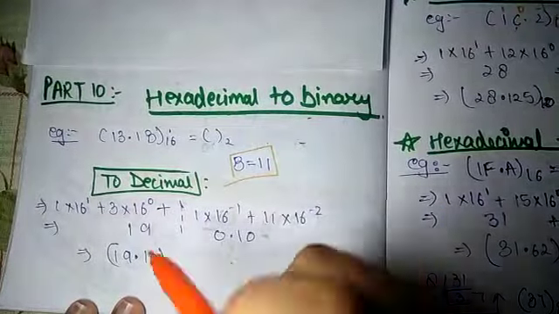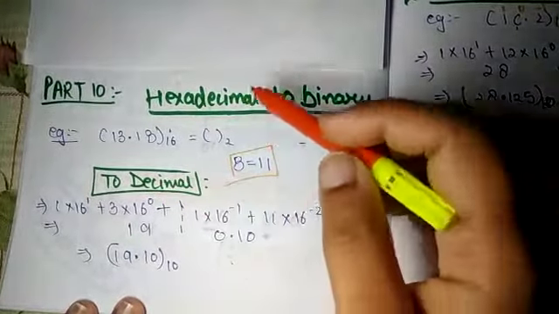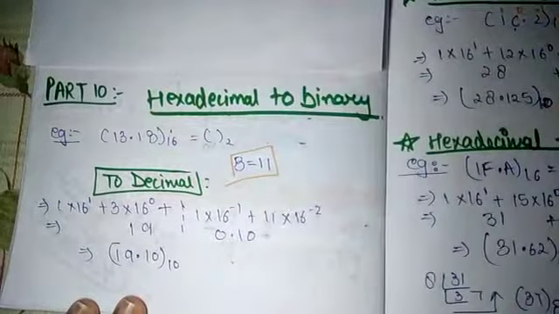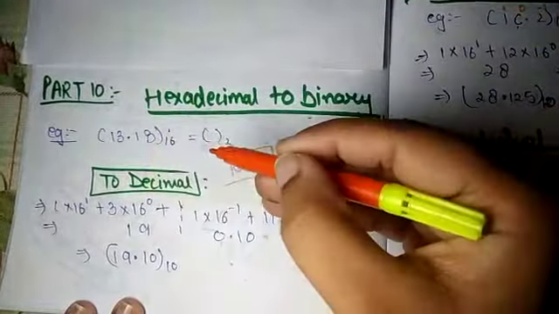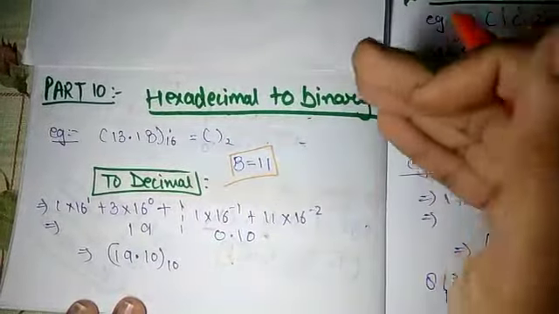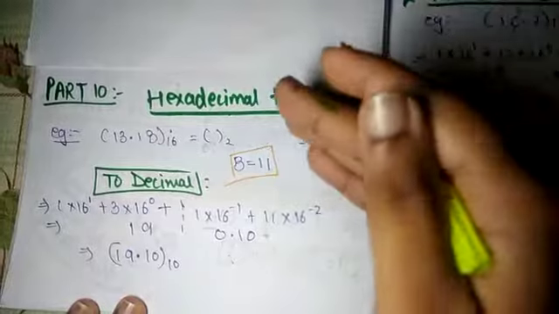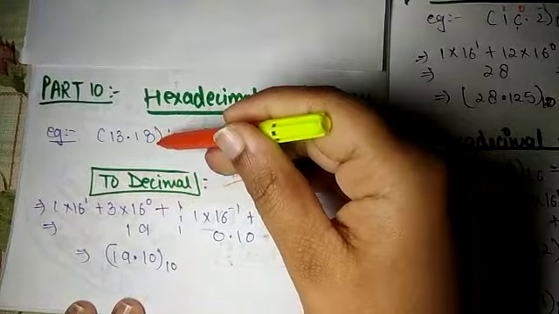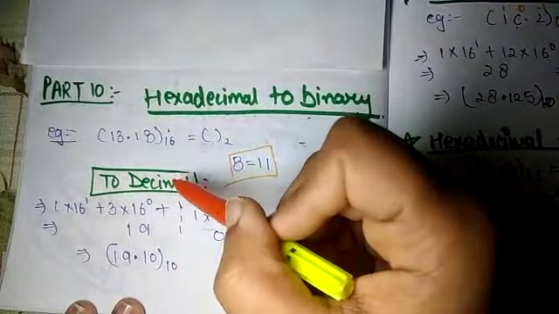So now we have to convert this hexadecimal value to a decimal value. After this decimal, it becomes easier for us to convert to binary or to octal. So we are first converting this hexadecimal value to a decimal value.